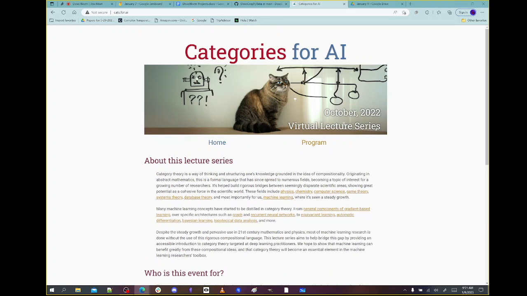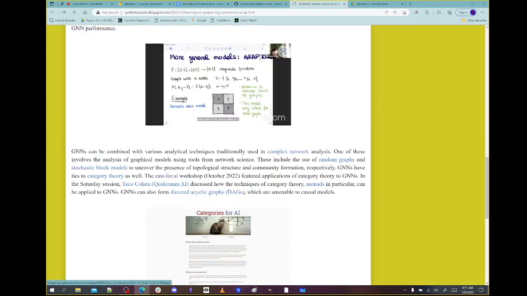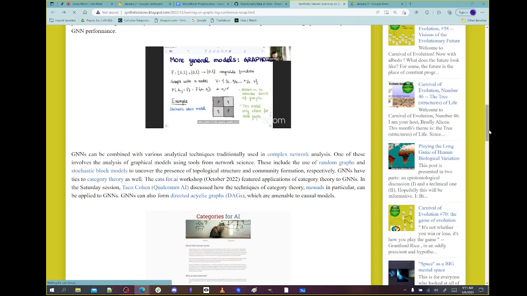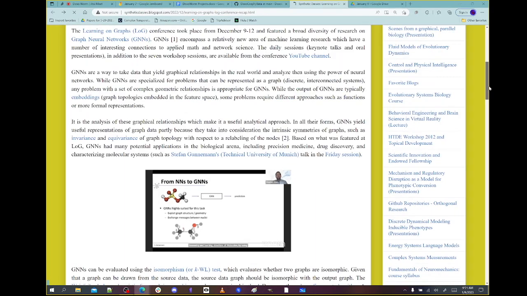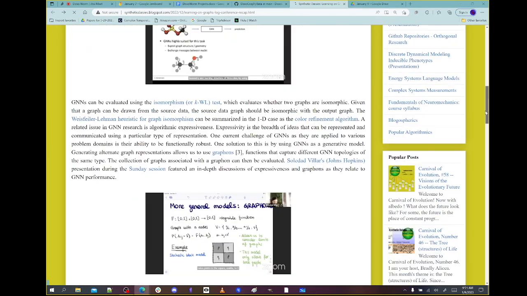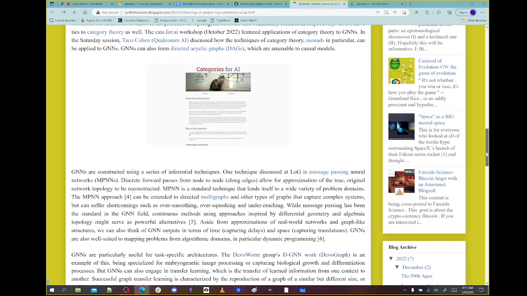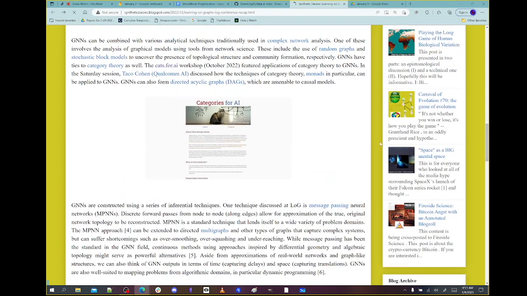And this has links to artificial intelligence and some of the classification tasks that you're doing there. So there's this whole sub-research field on category theory for AI. One of the speakers talked about this in depth, Taco Cohen, who is from, I can't remember, Qualcomm AI.